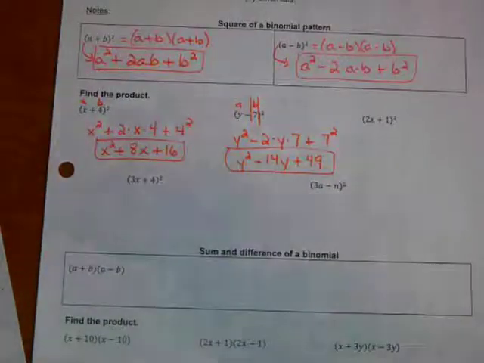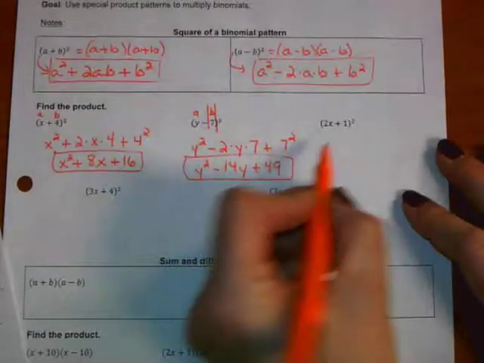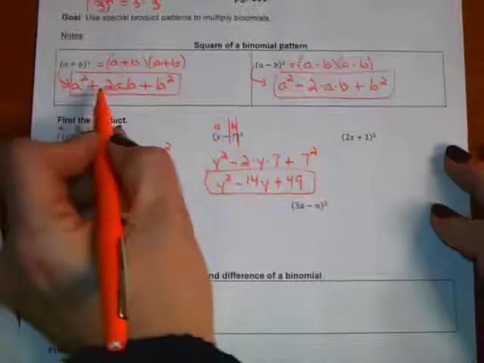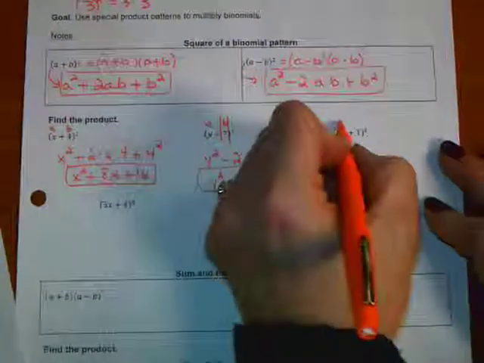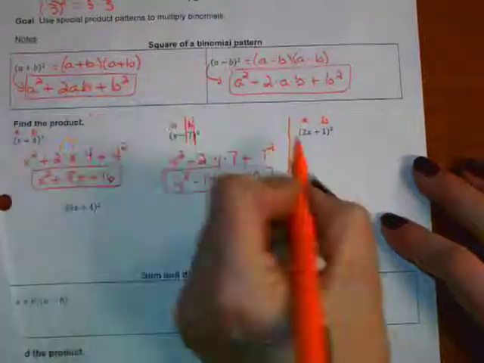If you can recognize what these are and learn that pattern, it's helpful. If you can't remember the pattern, you can always FOIL or box. Right? Okay. This one, let's do this one. Is this a plus? It's a plus, right? So it's going to be plus plus. This is my A, this is my B. This is where you have to start using parentheses.